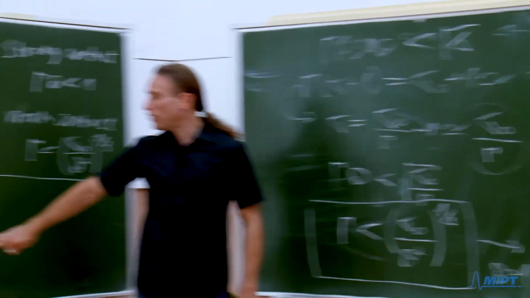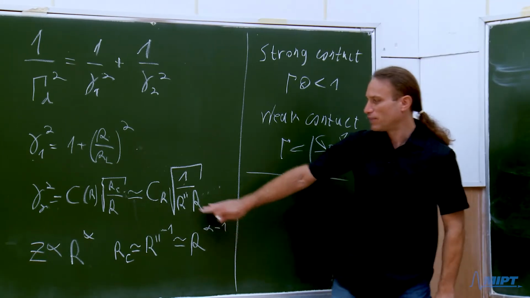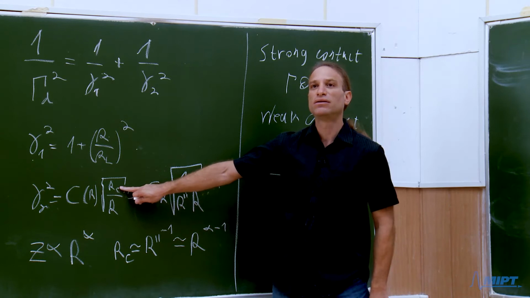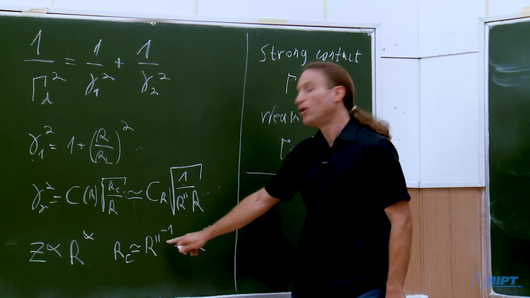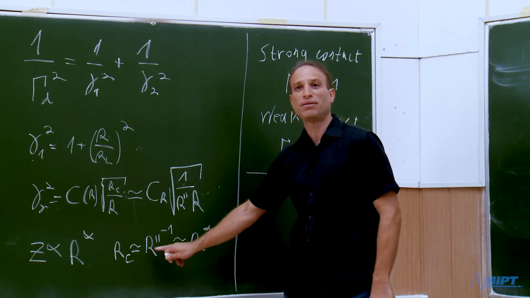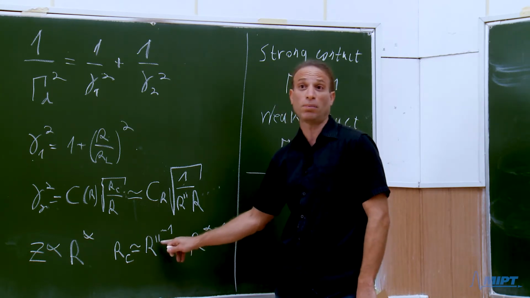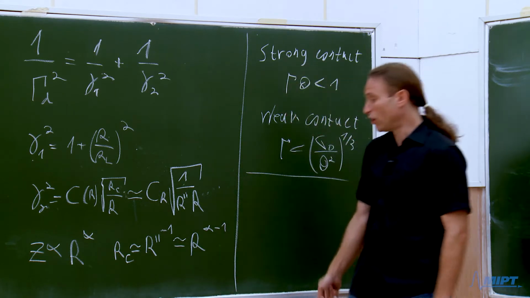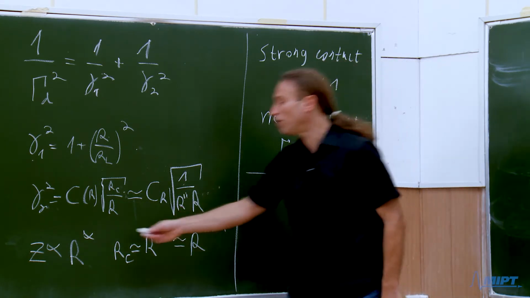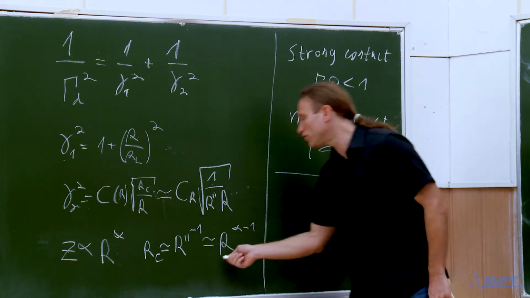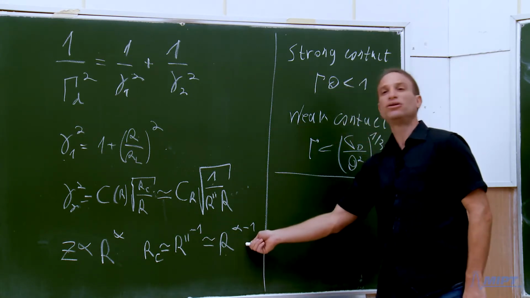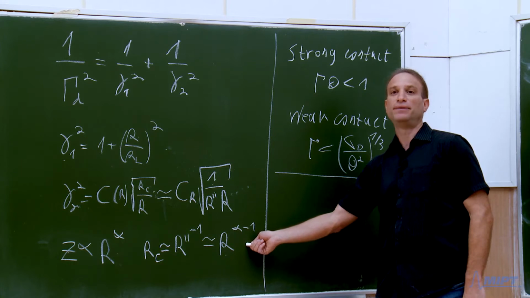Yesterday I told you that the curvature radius is defined by the derivative of r by the second derivative of r with respect to z, to the power of -1. So if we take some general curve, z proportional to r to the power of alpha, I'm getting that the curvature radius is r to the power of alpha -1.